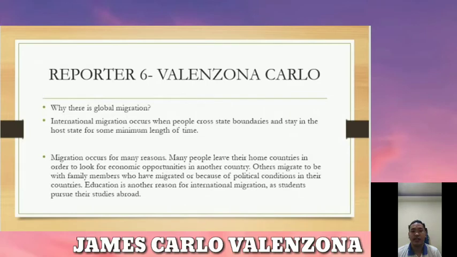Many people leave their home countries in order to look for economic opportunities in another country. Others migrate to be with family members who have migrated, or because of political conditions in their countries. Education is another reason for international migration, as students pursue their studies abroad.